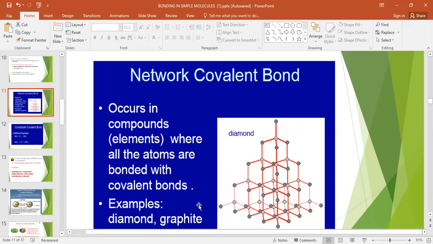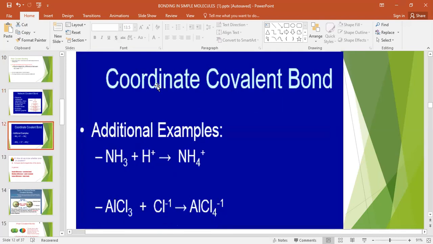Example, diamond or graphite. That is a network covalent bond because we have many carbon atoms here. This dot shows the carbon atom, the red line the bonding between them. So when many carbon atoms join one another, we call it network covalent bonding, because it is not specified as 1 bond, 2 bond, 3 bond.